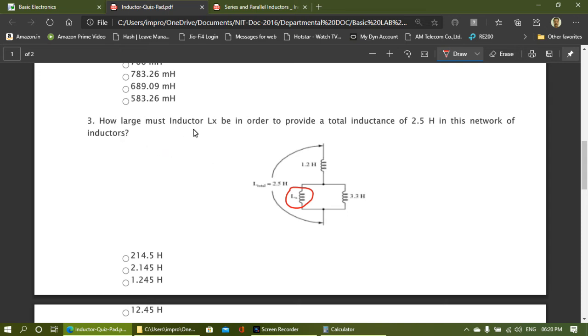How large can the inductor Lx, this one, be in order to provide a total inductance of 2.5 Henry in this network of the inductors?